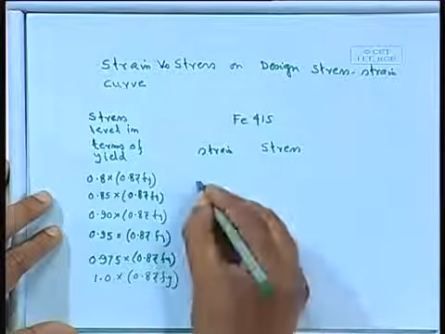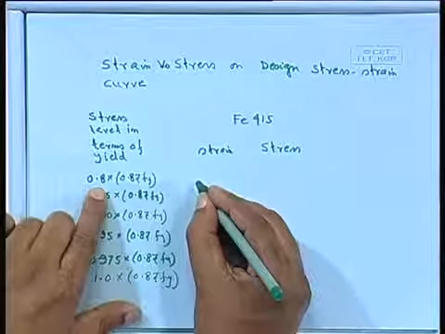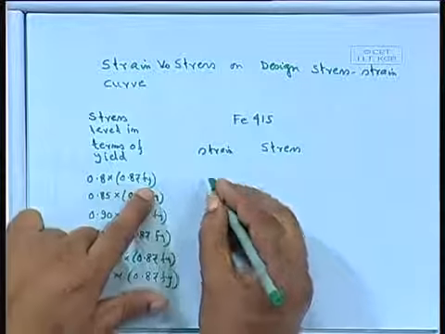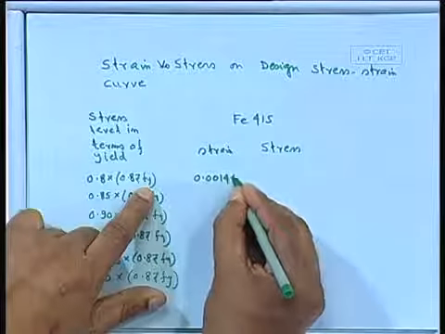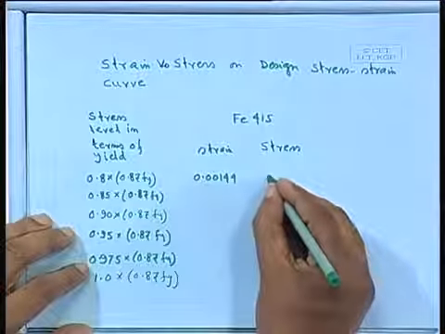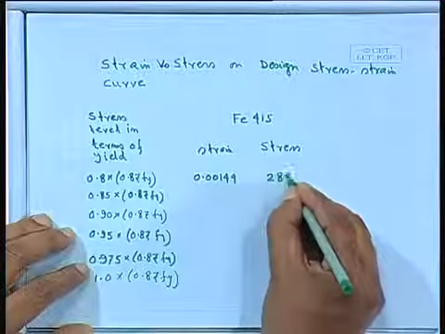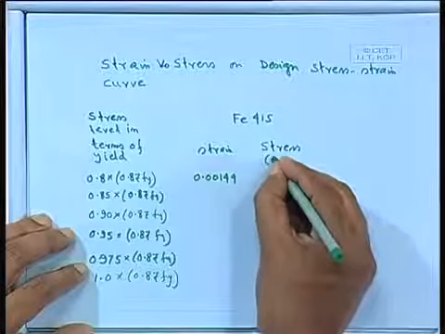At the stress level 0.8 into 0.87 fy, the strain is 0.00144, corresponding stress 288. Let us give the unit.